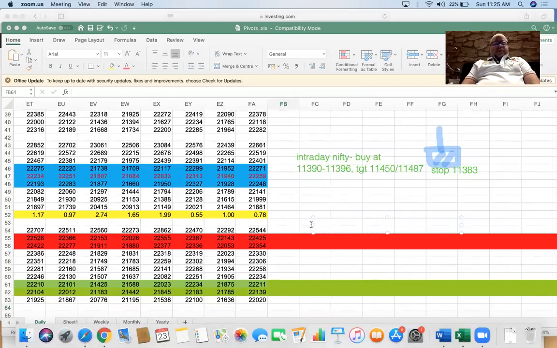Intraday Bank Nifty, buy at 11,354, stop 11,350, and intraday target should be closer to 11,519, stretch 11,661.